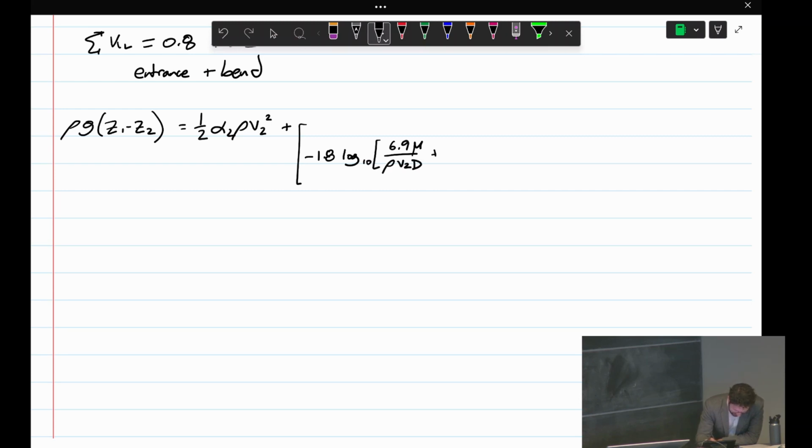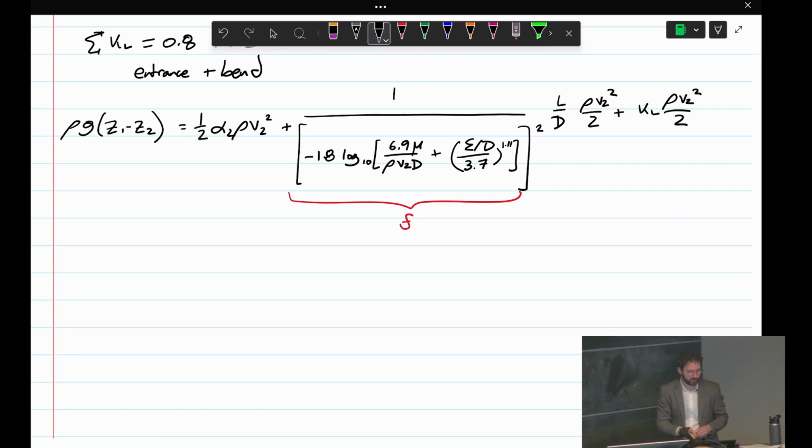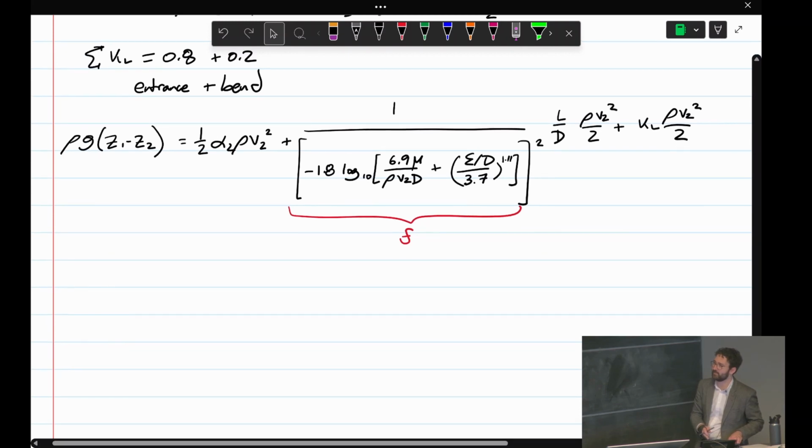You can verify this kind of substitution into the Haaland equation here. Sorry, 1.11. So this whole thing is just the friction factor. We have L over D, rho V2 squared over 2. So this is why I would say this is moderately complicated.